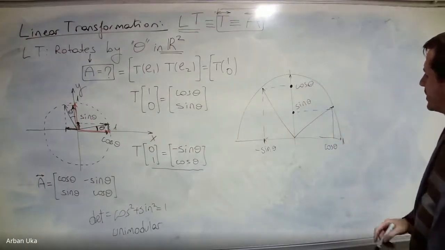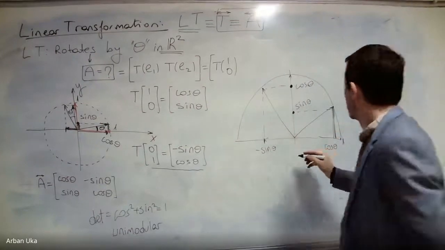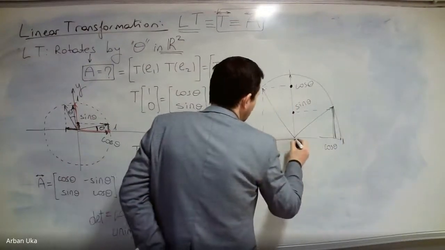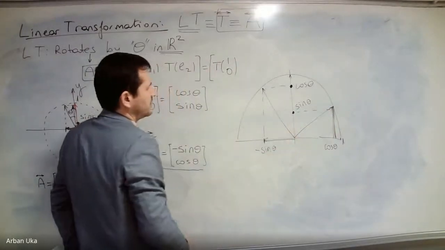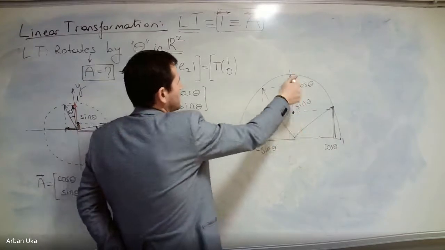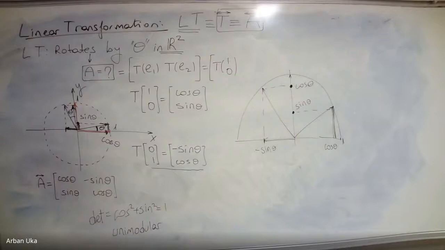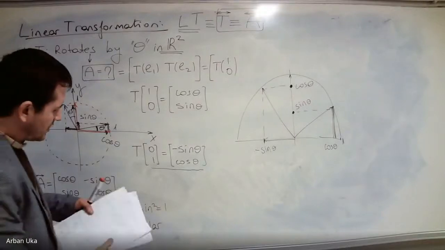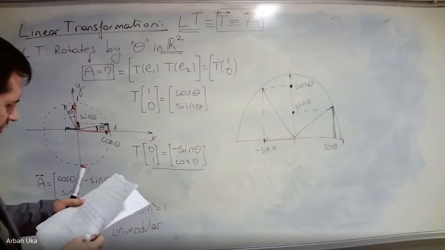Okay, so this is what we're trying to say. So this side here is equal to this side here. This magnitude we get here, but on the y-axis, it will be cosine. Is it clear now? Yes. Okay, so here we have a unimodular matrix which has this property of rotation.